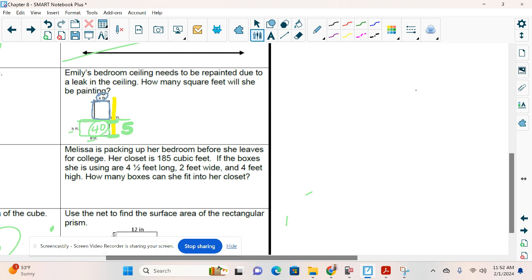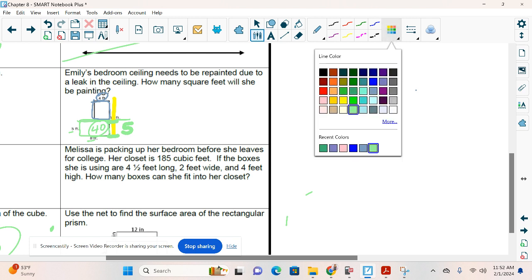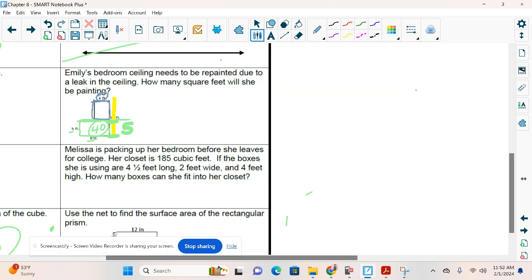So we've used 5 of the 11, so how much is left? 6. So now I have a 4 by 6 rectangle, which gives me 24. So to find the total area, I have to add my 24 and my 40, and it'll give me my total area.